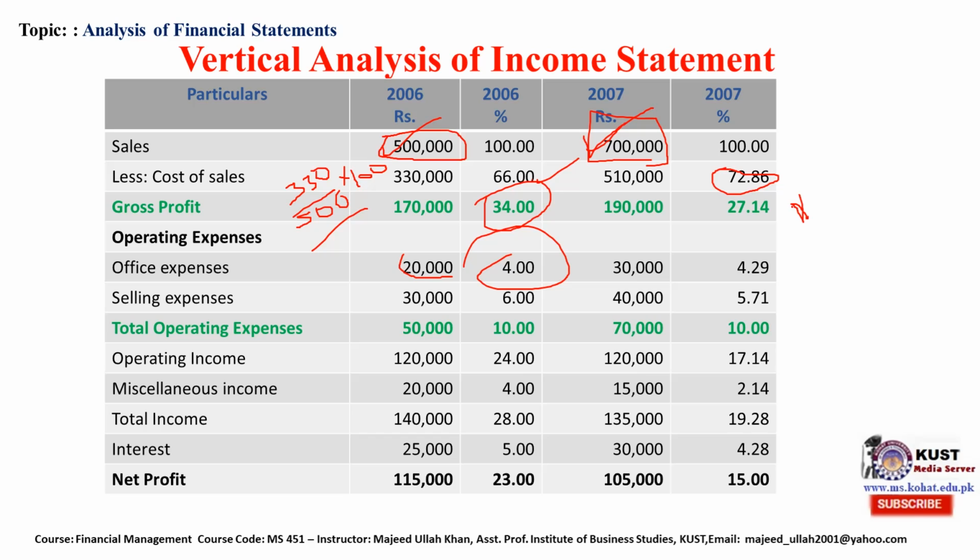This disturbance may occur due to two reasons. Maybe the 700,000 sale has increased due to discount on each item. In case of discount, we increase our sale in absolute terms, but each item carries the same amount of cost of goods sold.